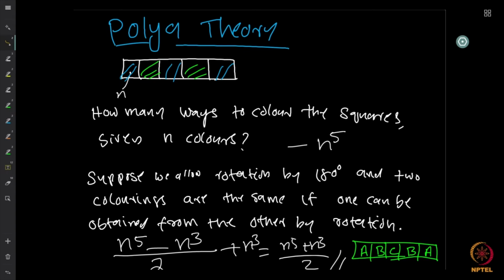And of course, the identity permutation will keep the same coloring. So if you want to think of this, you can think of this as basically these two permutations, identity and the permutation that maps 1 to 5 and 5 to 1, right? Then 2 to 4 and 4 to 2, and 3 to itself, right?